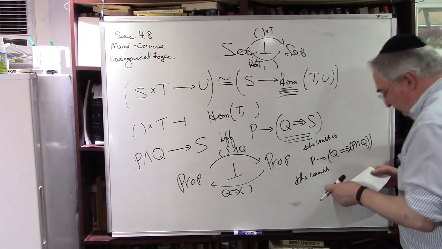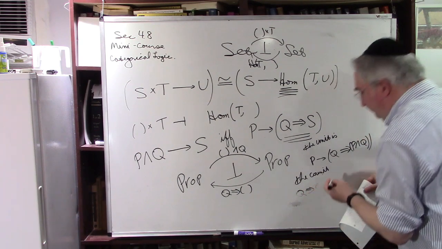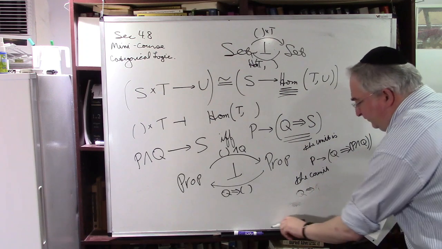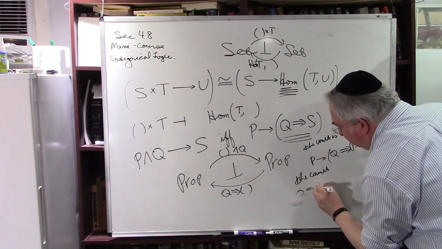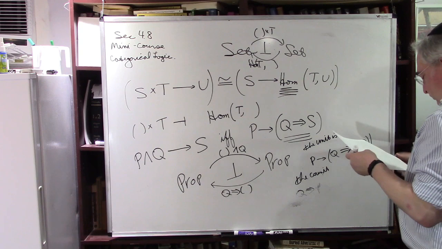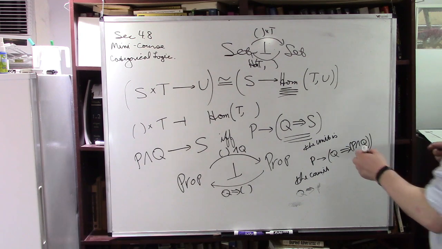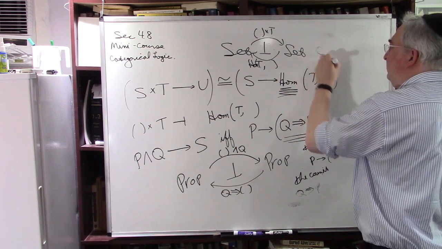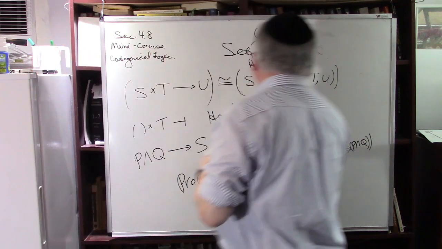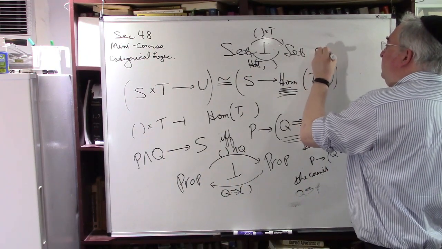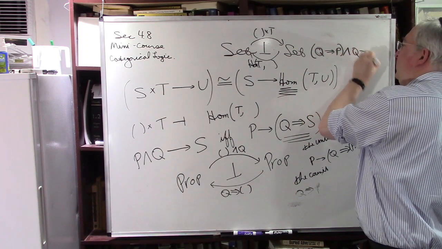What I said was right, but you just have to keep the variables straight. It's Q double arrow P and Q implies P. It's getting frustrating.